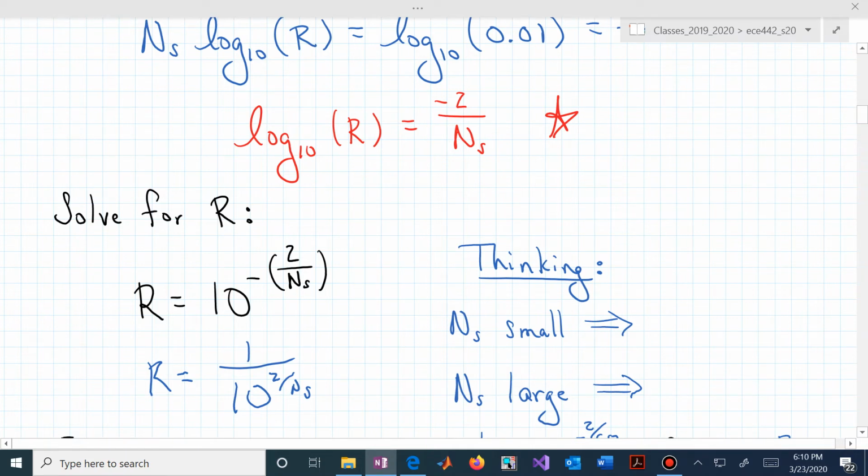So it takes us a large number of sample periods to settle. If n sub s is large, then 10 is being raised to a very small exponent. Well, if that's the case, we now have 10 raised to some power, but that power is positive. So it's a little bit bigger than 1, but 1 over that is actually going to give us a large value for r.